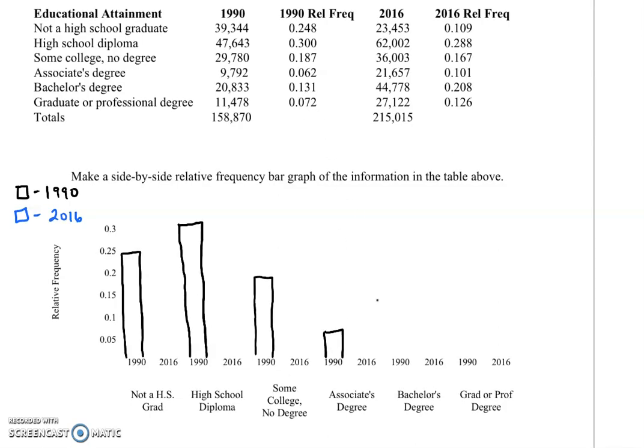Bachelor's degrees in 1990 was 0.131, so between 0.1 and 0.15. And graduate or professional degrees was 0.072, so between 0.05 and 0.1.